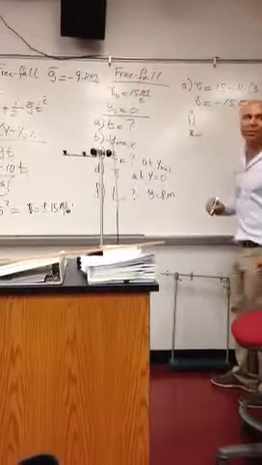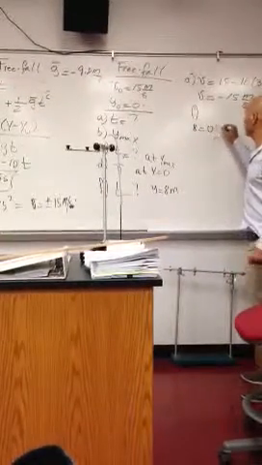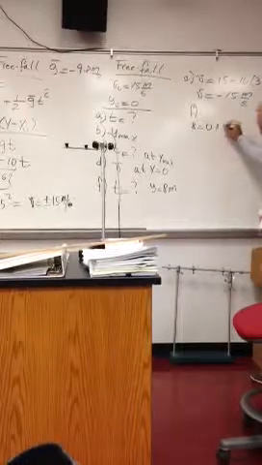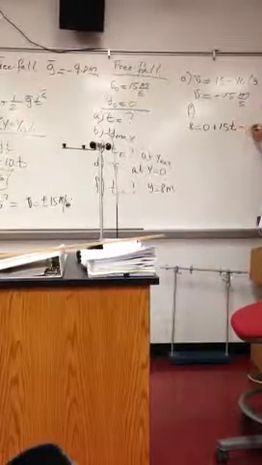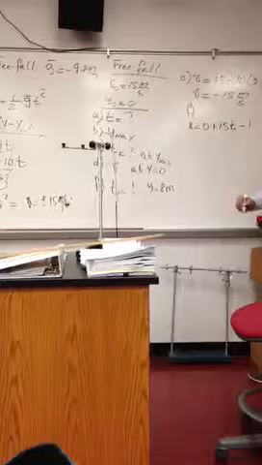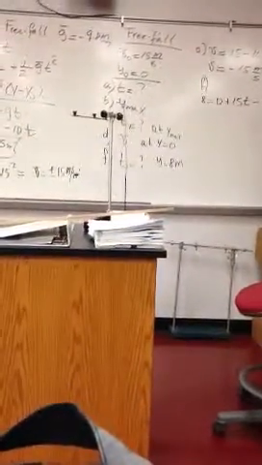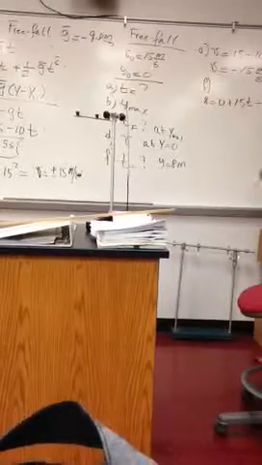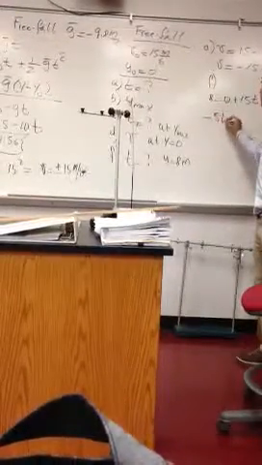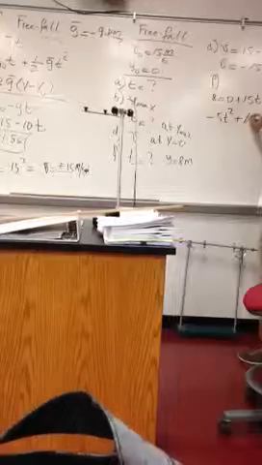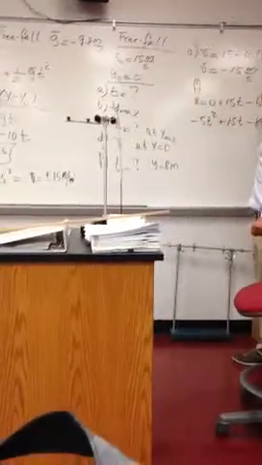How much is Y initial? How much is V0? Minus 1/2 t squared. 1/2 g t squared, how much will be? 5 t squared. Can you solve this equation?